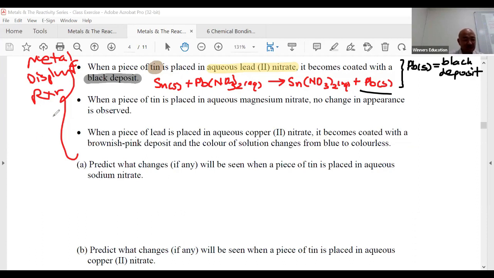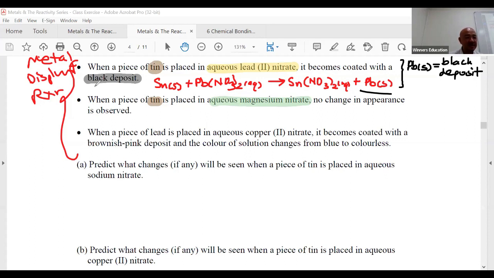Now, when a piece of tin, still tin, is placed in aqueous magnesium nitrate, there's no change in appearance observed. So there is no chemical reaction. At the same time, I can also conclude this, I hope you agree with me, in black. First line, I know which metal is more reactive.